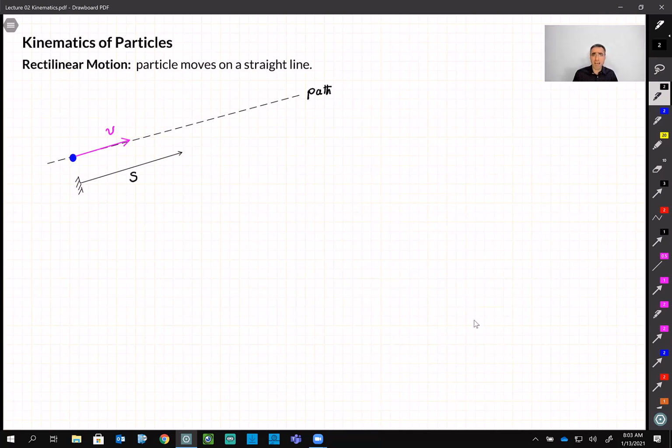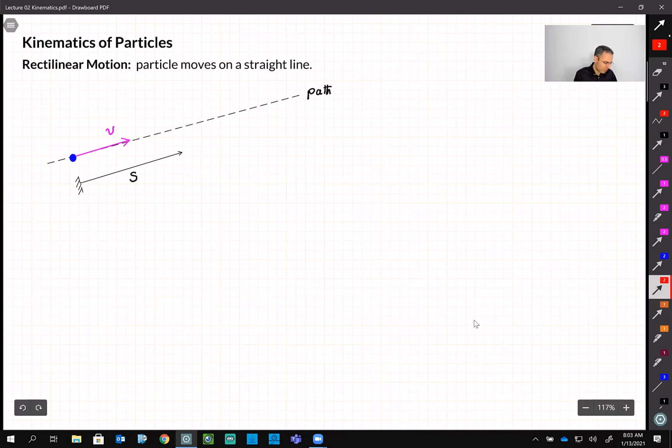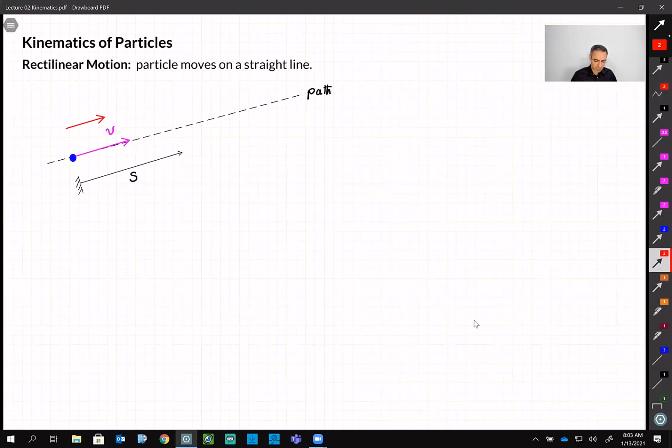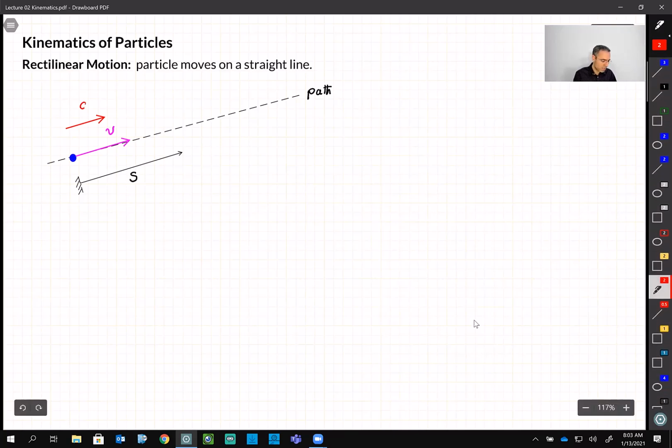And this particle may have an acceleration or deceleration. Acceleration is when the speed keeps increasing, and deceleration is when, let's say, we brake and the thing that has a velocity is going to stop, right? The acceleration can be along the velocity, which we call an acceleration because it results in the speed increasing.